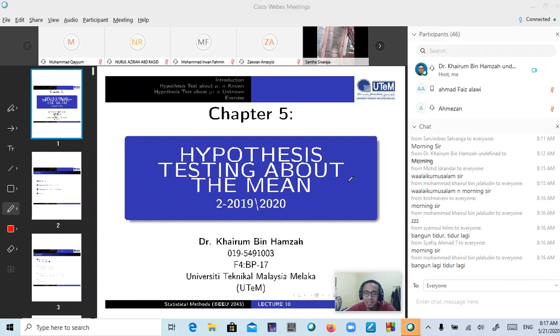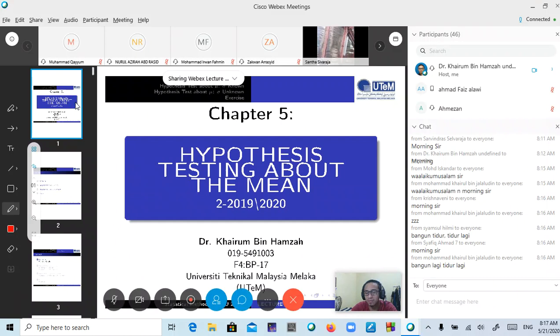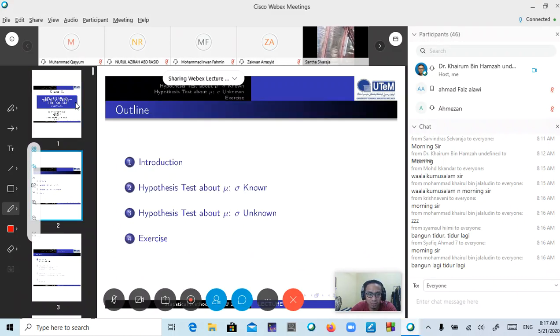The first one is the p-value approach. The second one is the critical value approach. So today we learn the full steps for each question, how to solve using the p-value approach and how to solve using the critical value approach.